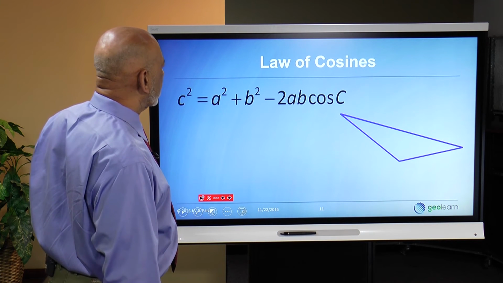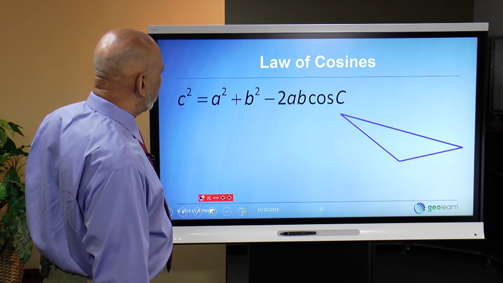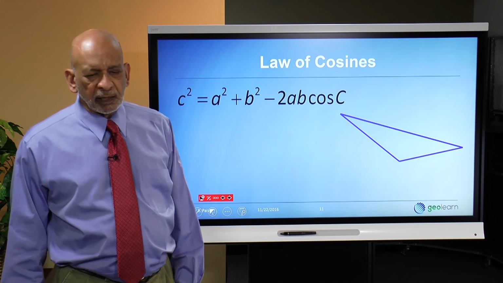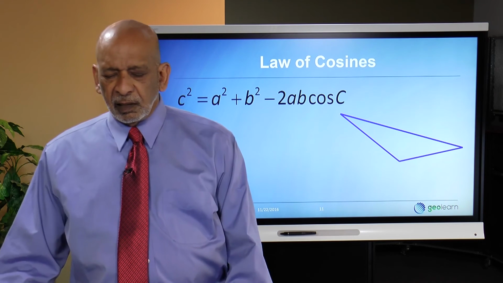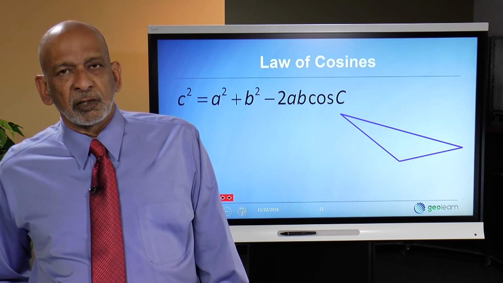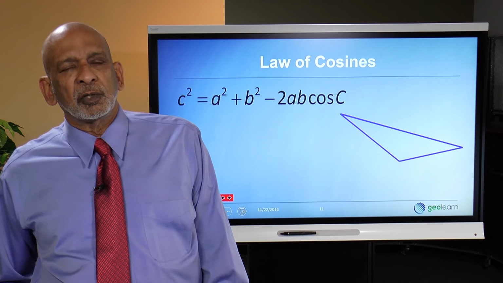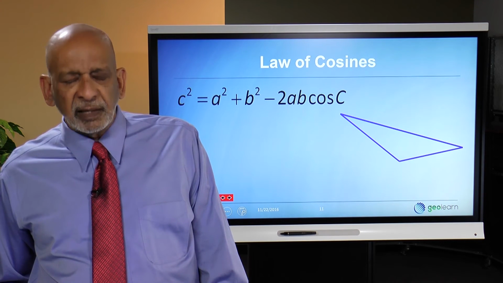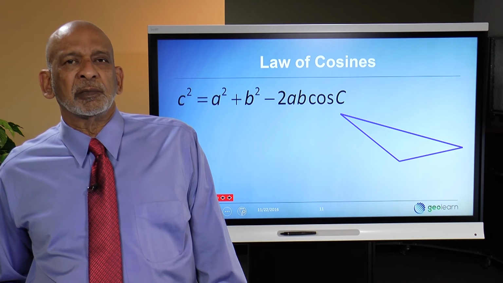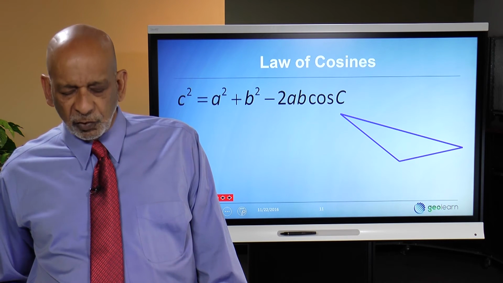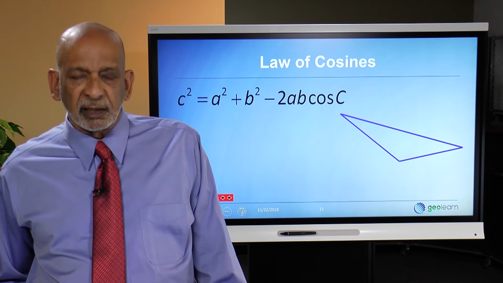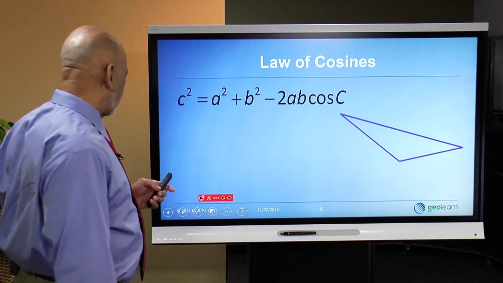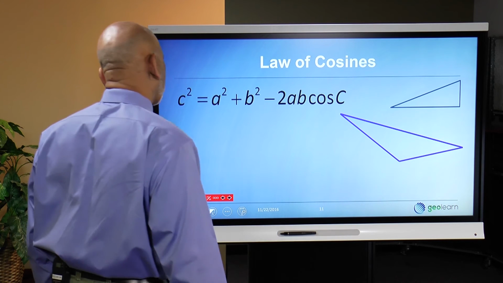Now the law of cosines, which is a little bit more complicated looking. The law of cosines says that any side squared is equal to the sum of the other two sides squared minus 2 times the product of the other two sides times the cosine of angle C. That sounds pretty complicated, but let me point out something with our right triangle.